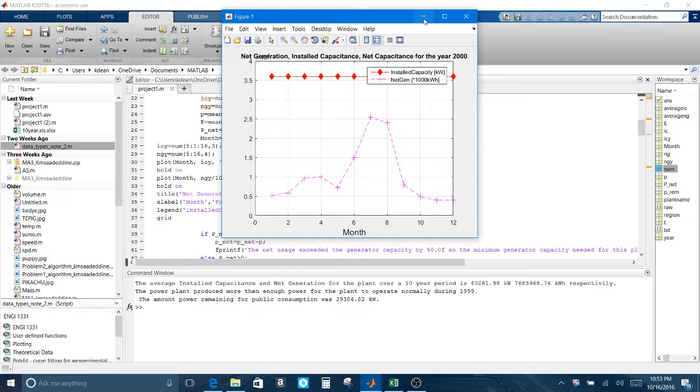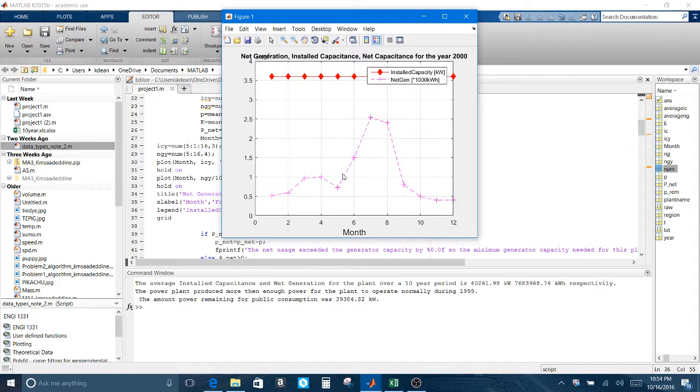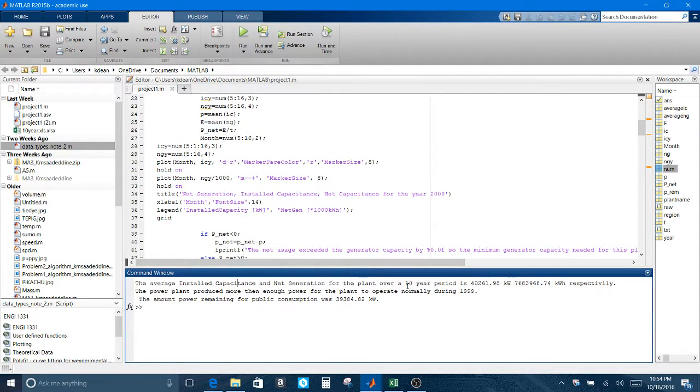And if it were the opposite way, as in the power plant would not have been able to, it would have been the same concept. A graph would have shown up, and basically it would have told us that it was not enough, and the generators need to be updated to this size to keep up with the power plant's needs.